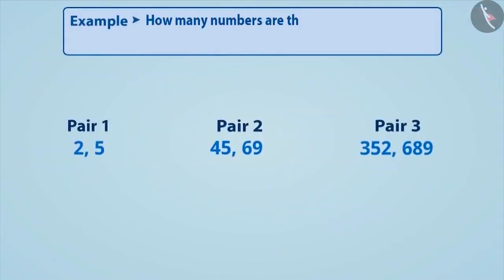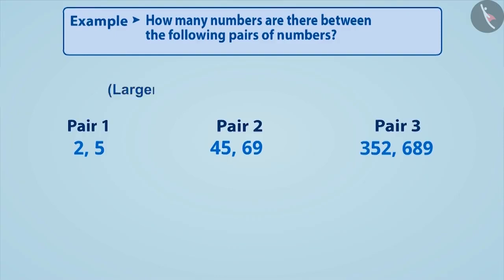We can say that the number 70 is located on the right side of 50 on the number line. Next example. How many numbers are there between the following pairs of numbers? To know how many numbers are there between any two whole numbers, first, we have to subtract the smaller number from the larger number and then subtract 1 from the result.